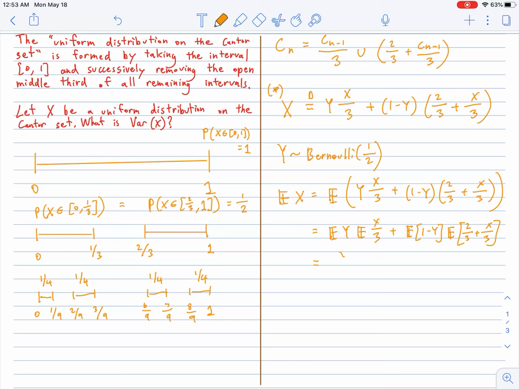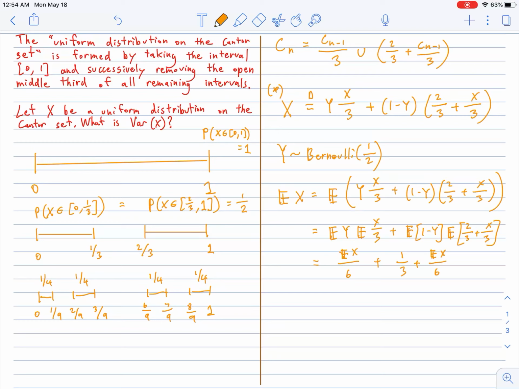So simplifying some expressions, we have the expected value of X divided by 6 plus 1/2, so we get 1/3 plus the expected value of X divided by 6. Then we collect terms and subtract from both sides.